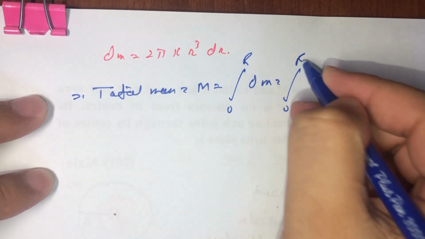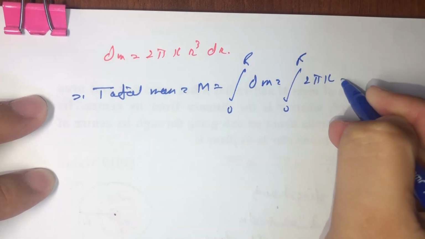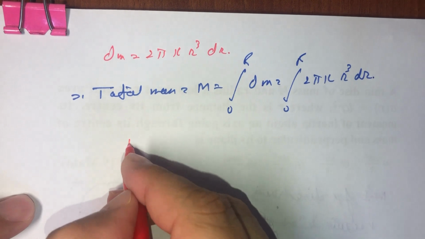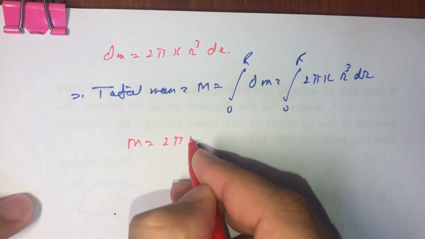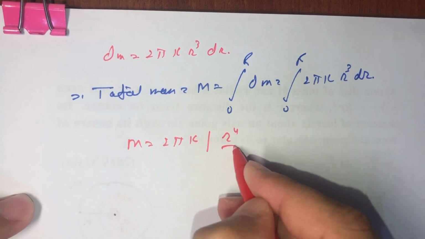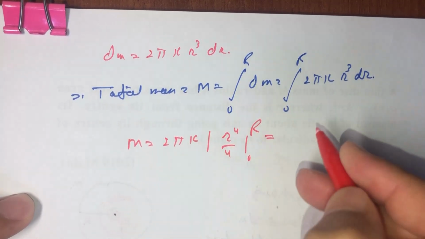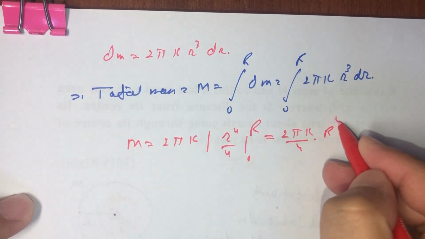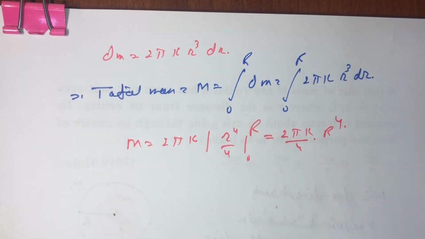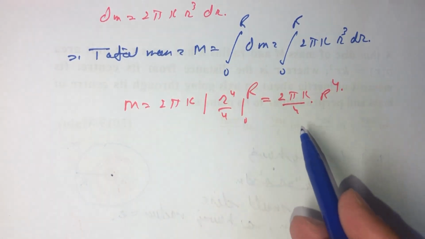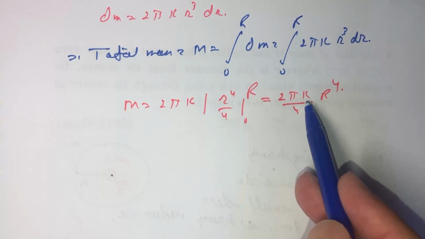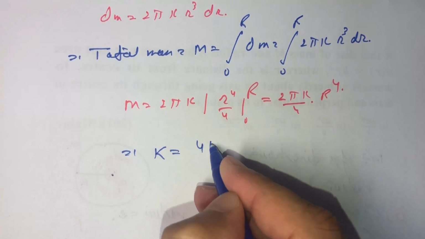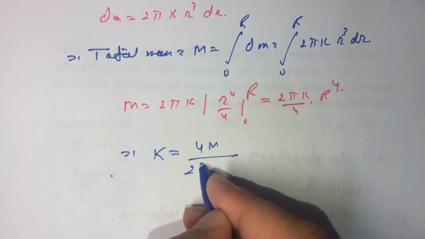Substituting the value of dm, we get 2 pi k r cube dr. M is equal to 2 pi k, which is constant, we get r4 upon 4 from 0 to r, which gives us 2 pi k by 4 times r4. From here we can find the relationship, or we can change it from k. So this implies that value of k is equal to 4m divided by 2 pi r4.